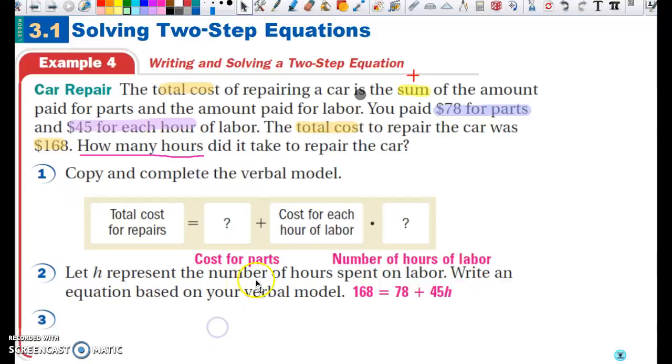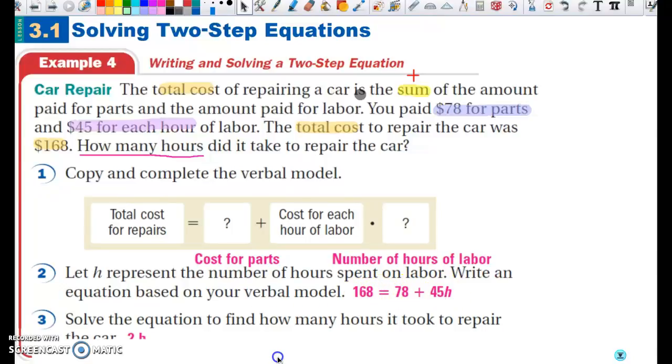So if H is the number of hours spent on labor, then the total cost, $168, is equal to the parts, 78, plus 45 for each hour. 45 times H hours. To solve then, you subtract 78, you get 90. 90 equals 45H, so H equals 2 hours.